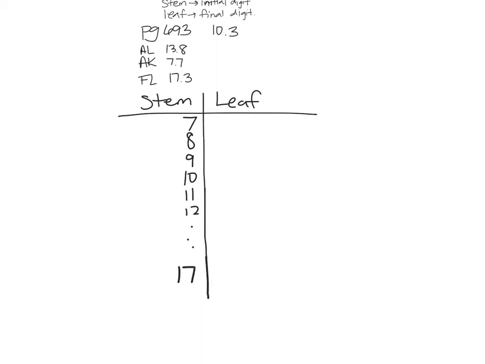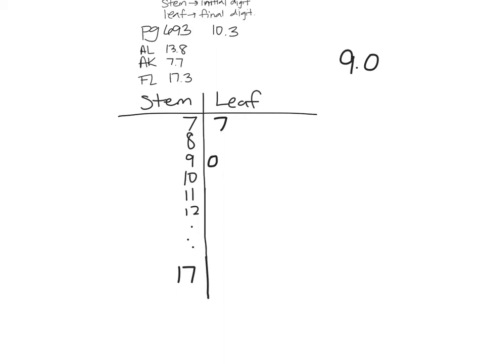And then for the leaf, Alaska was 7.7, so I would put a 7 here. That's the only one that started with a 7. There were no 8% in the list. There was a 9%, and it was a 9.0. I'm not sure what state that was, but at 9, I put a 0 there.